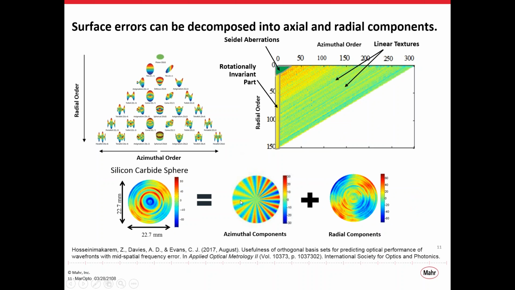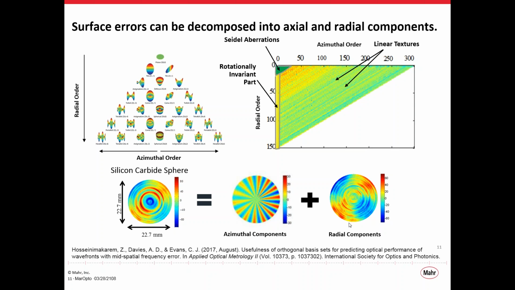Anyway, you can think of the surface errors over a circular aperture being decomposed into a set of orthogonal polynomials in the azimuthal and radial directions. And one of the ways of doing this is the Zernike polynomials.